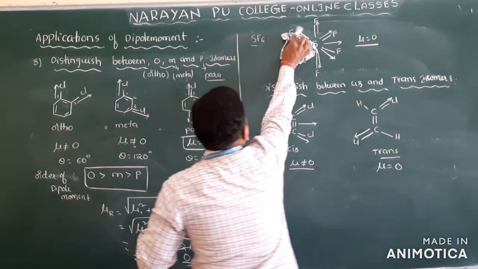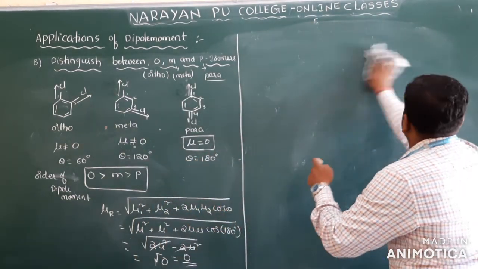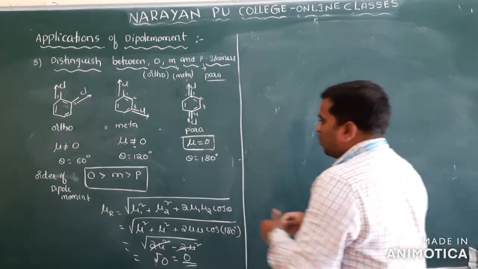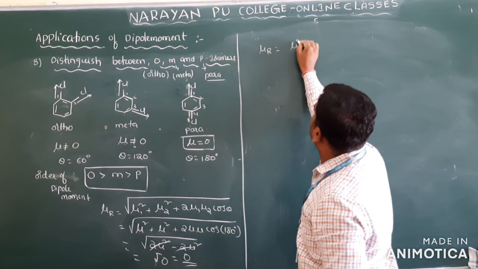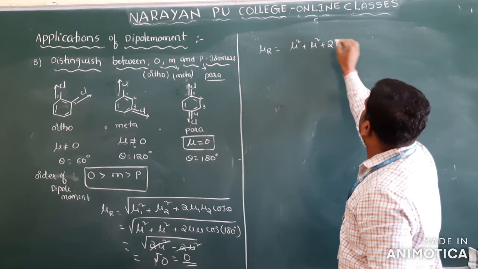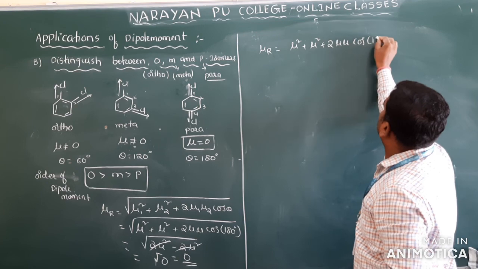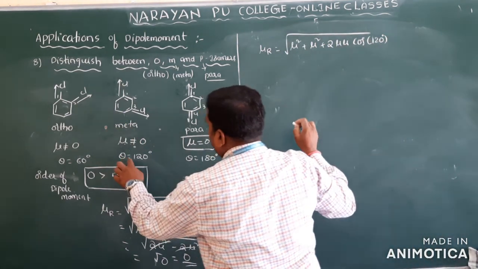If you take the second one, 120 degree I will take. So mu square plus mu square plus 2 mu square cos 120 degree, where theta is 120.